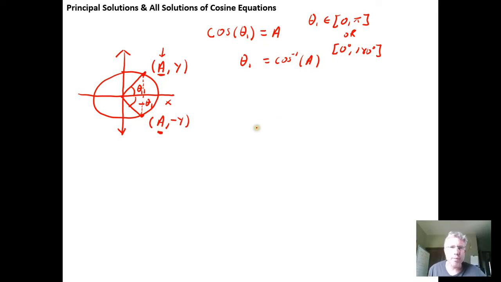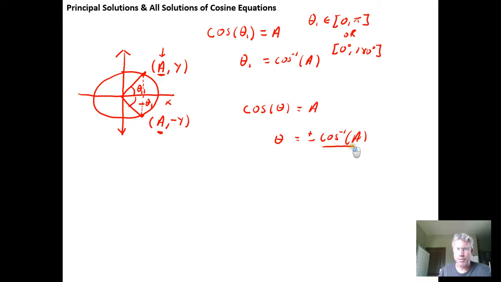So here's what we want to do to take advantage of this even symmetry, actually, to generate all possible solutions, every angle that generates a side ratio of A. So here's the way to do it. You say, hey, I want to know cosine of what angles generate side ratios A. And then you're going to take the cosine inverse of both sides and get, hey, theta is equal to plus or minus the cosine inverse of A. Right?